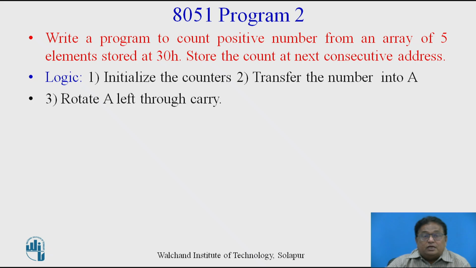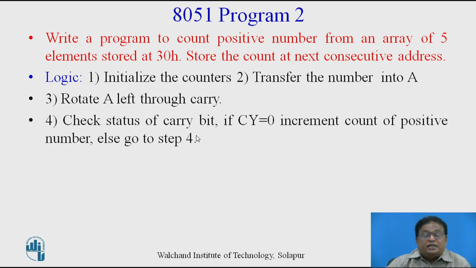So rotate the first number, which is already in register A, left through carry. Now check the status of the carry bit. If the carry bit is 0, increment the count of positive numbers. Else go to step 3.